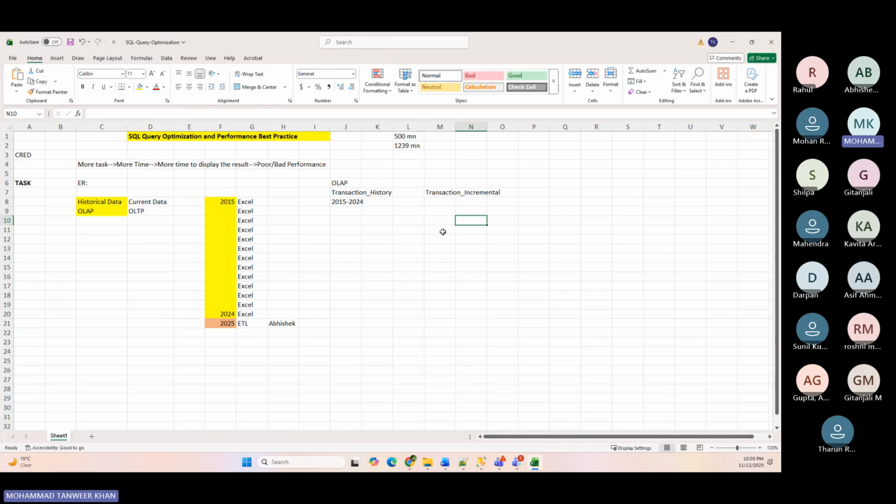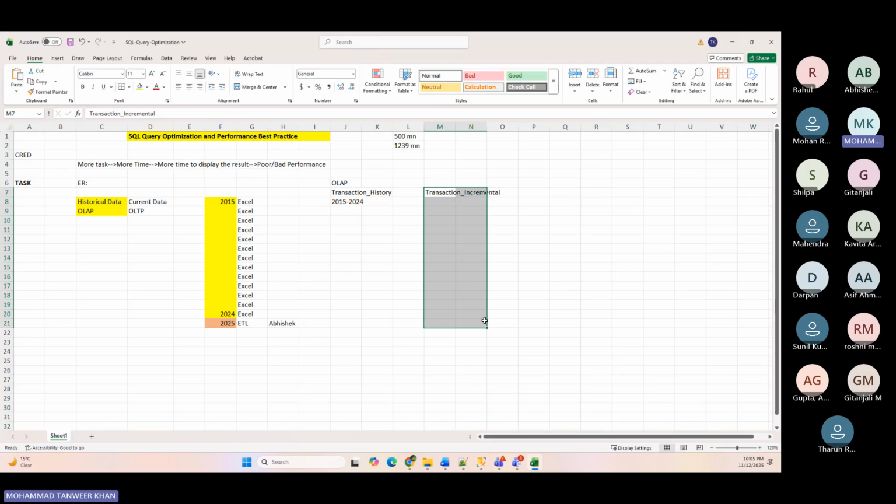Now that's a different topic of discussion. That is what I covered in the previous session. Abhishek will then ask me, Tanvir, do you want to go for full load, truncate and load, or incremental load? Whatever the type of load we have planned, from 1st January 2025, each and every day the data will keep on getting loaded in this transaction underscore incremental table.